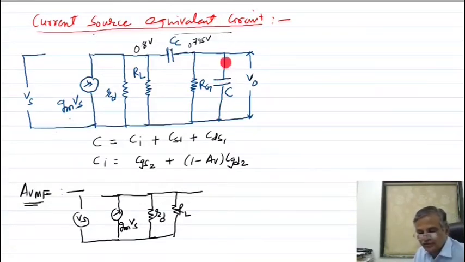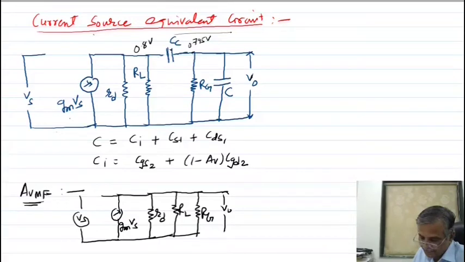No signal will pass. This behaves as a short. This behaves as open circuit. So can you see all three are in parallel? So again I can draw the circuit like this. Again I can draw the circuit in this way.